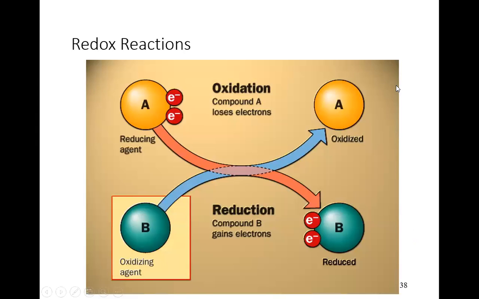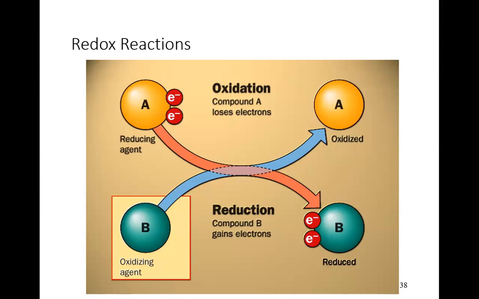And this confusing little diagram here is trying to show you what's going on. If you consider that the circle with the B in it is oxygen, oxygen is always going to become reduced when it grabs electrons.